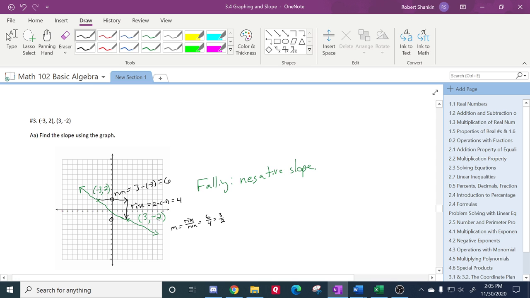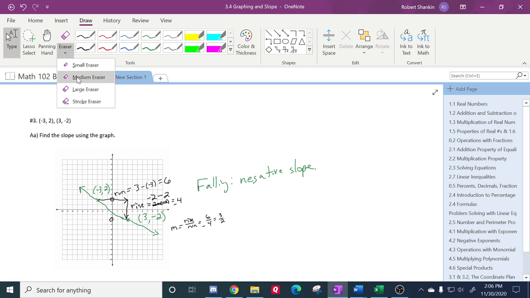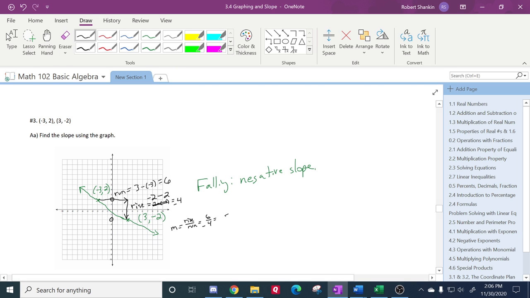And this is the one we ended up at. So we shouldn't just take the upper one minus the lower one. You take the one you end up at minus the height that you started with. And that's going to give you negative 4. And this is going to give us negative 3/2 when we reduce it.